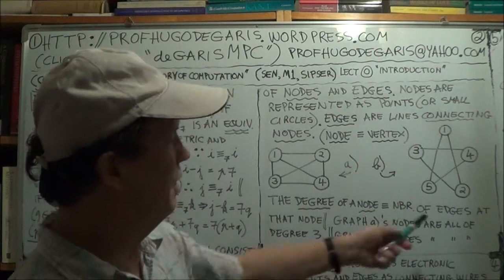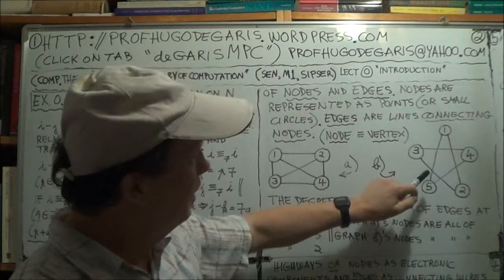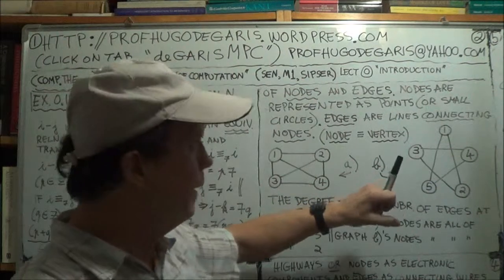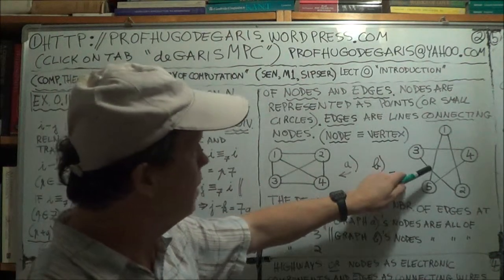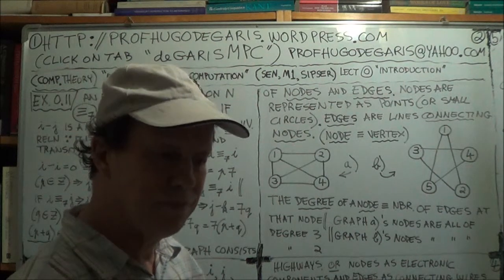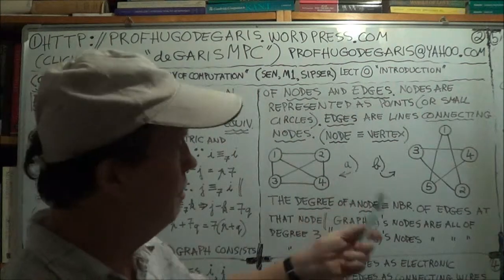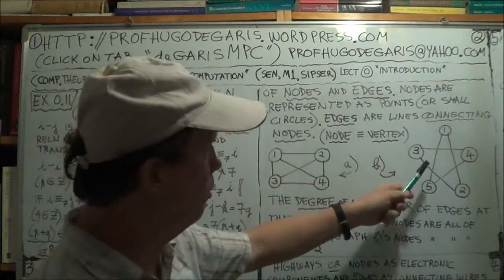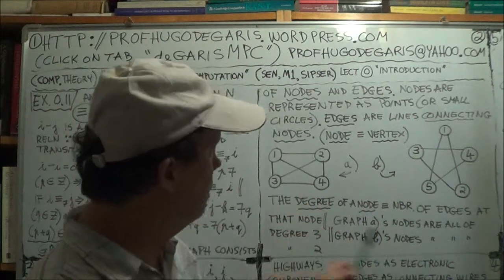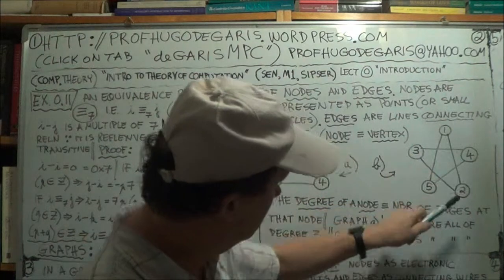I'm not quite sure what the verb is. I'm not a graph theory specialist. What does an edge do to the node? Touch it? Connect? I'm not sure. But you probably guess what I'm talking about. So each of these nodes has a degree of 2.